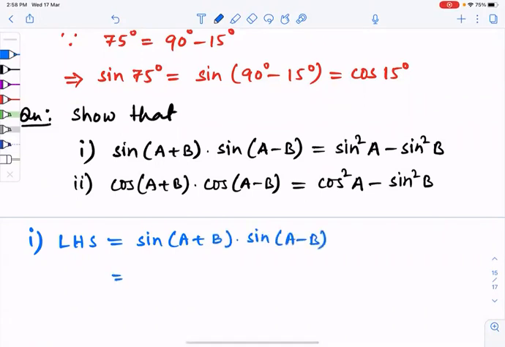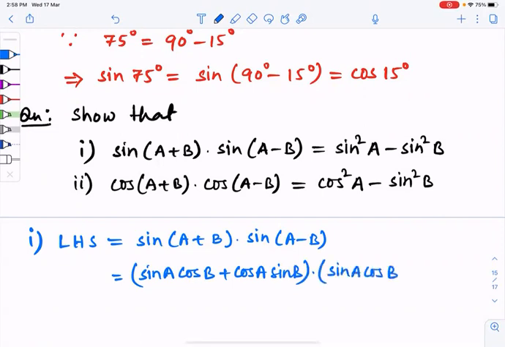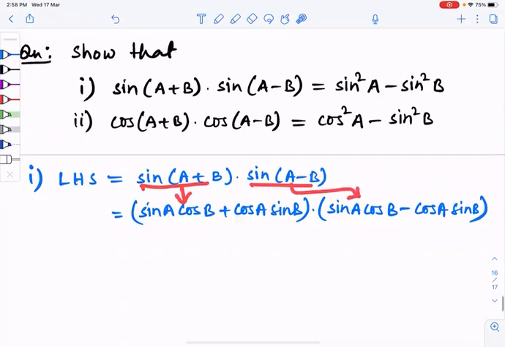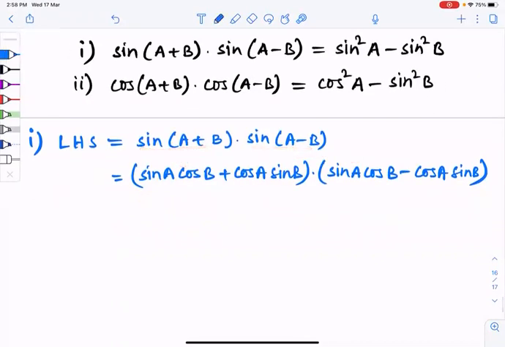We have their formulas: sin(A+B) is sin A cos B plus cos A sin B, and sin(A−B) is sin A cos B minus cos A sin B. So I just applied the formula of sin(A+B) and sin(A−B) here. Okay, so I hope this is clear.